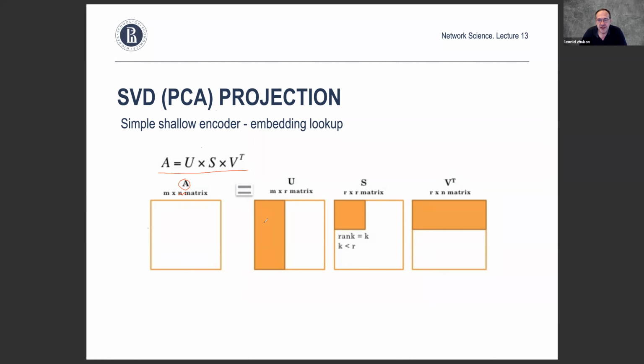And the way to understand this is the following. You can take one vertical vector. Then the S matrix is the diagonal matrix. I'm just reminding you, in singular value decomposition, S is the diagonal matrix. And then you can take the elements from this V matrix.